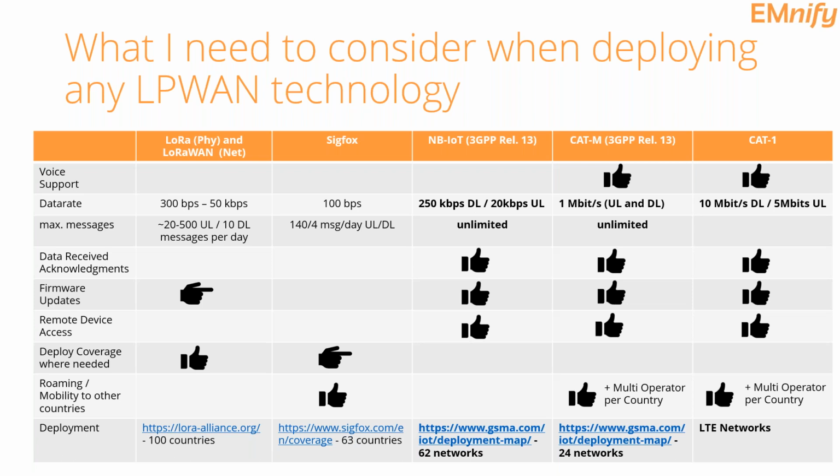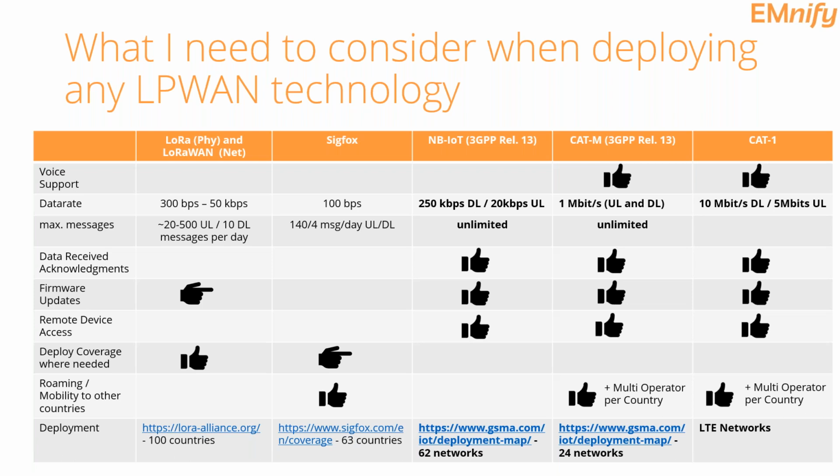You will not have an acknowledgement for every piece of data that you send. Whereas on the cellular side, this is given with TCP/IP, and you don't even need to worry about how to manage data validity and data correctness.